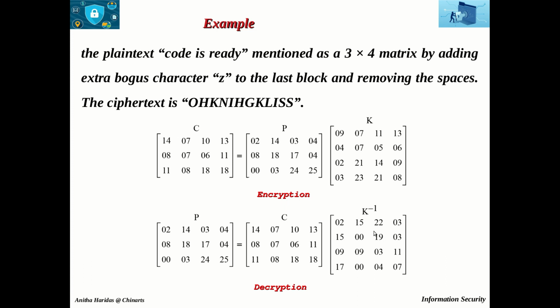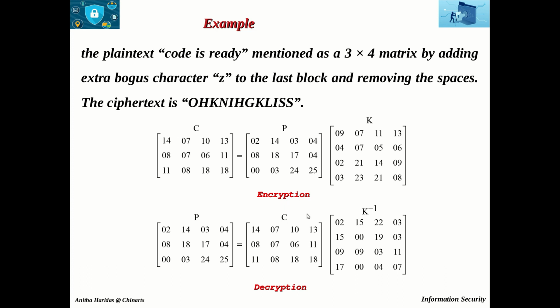Only if I have an inverse, I can do the decryption process. What do we do for the decryption process? The ciphertext will be multiplied with the key inverse, which will produce the plain text blocks. So this is what is done in the Hill cipher.